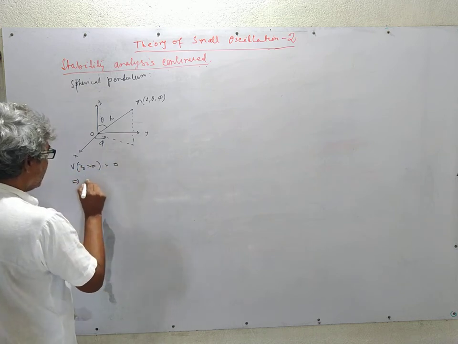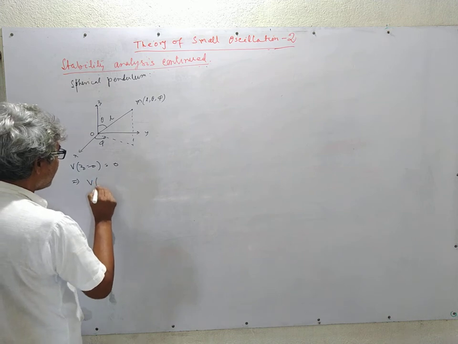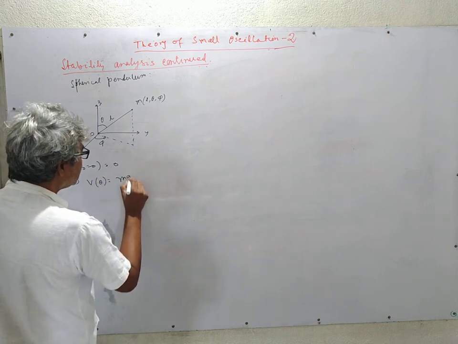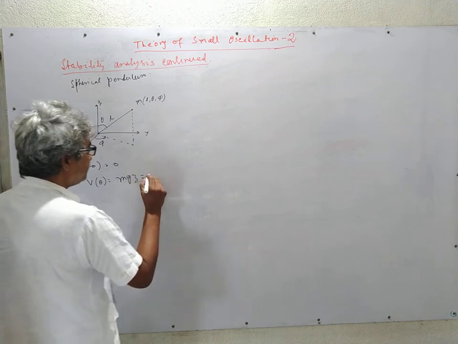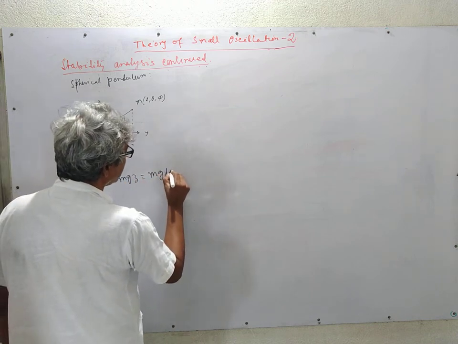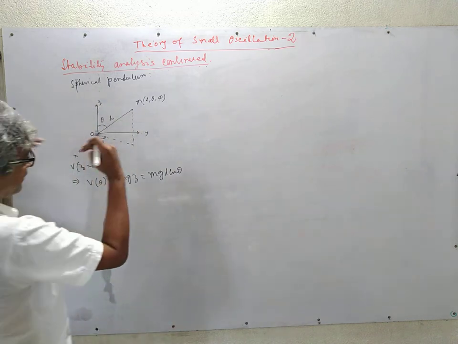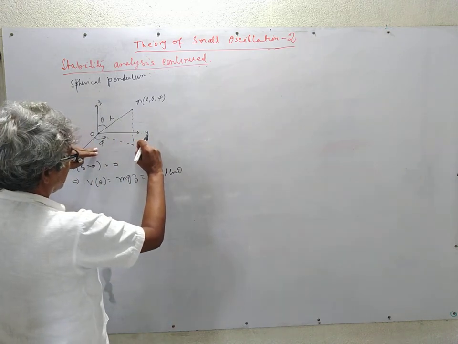This gives us V as a function of theta as mgz, which is mgL cos theta, where we have taken z equal to 0 as the 0 level of potential.